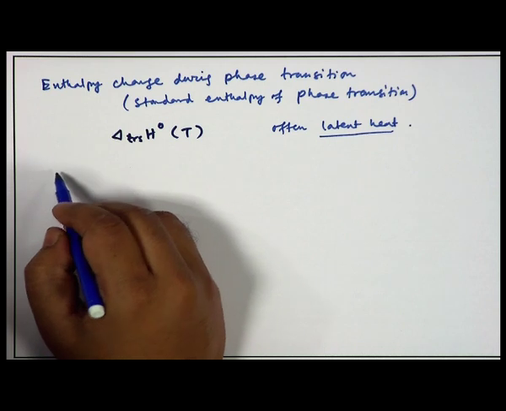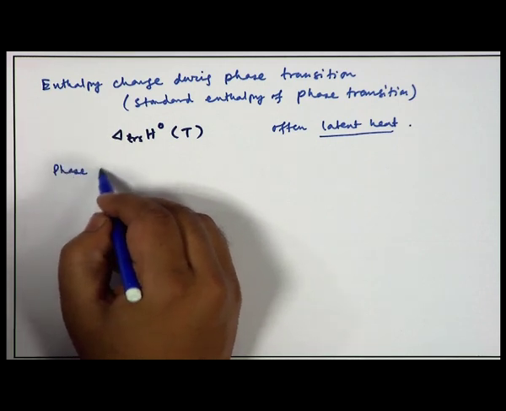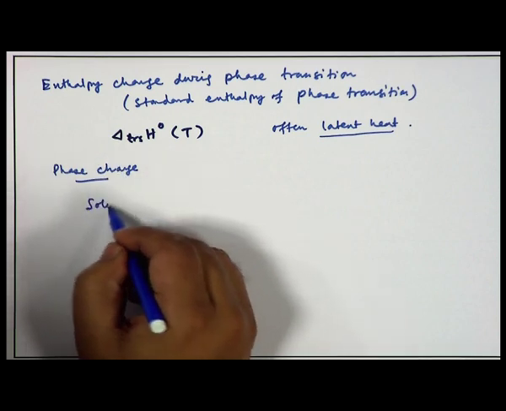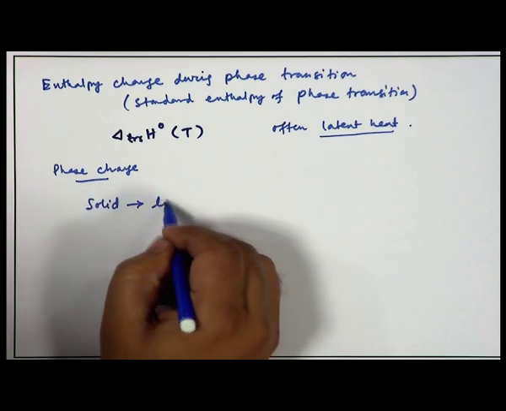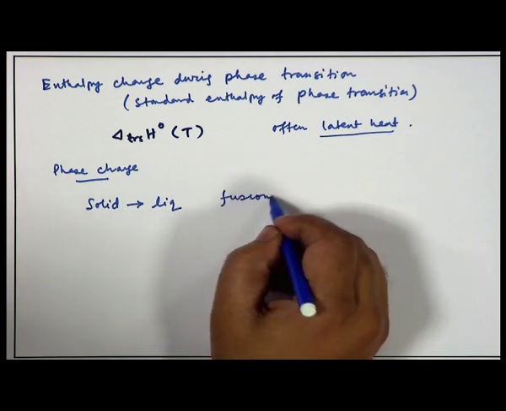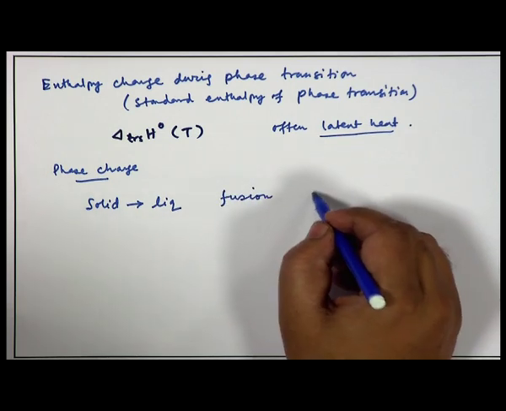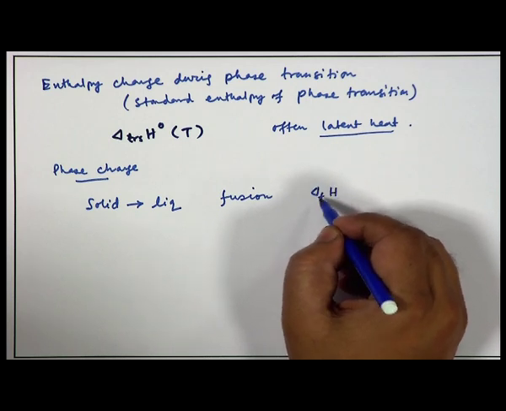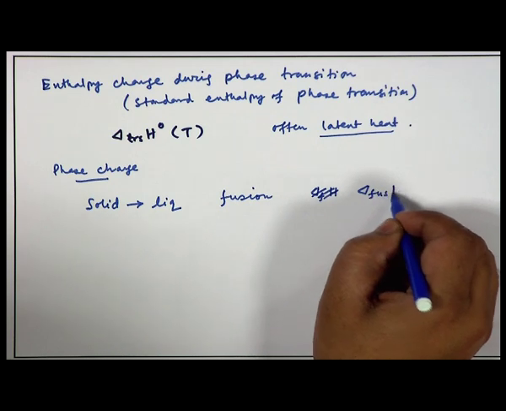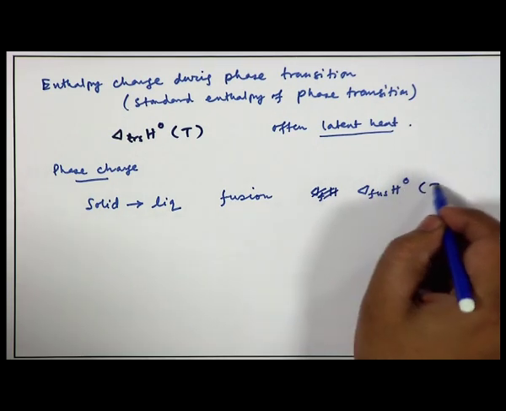Examples of phase change or phase transition: solid to liquid, the process is called fusion or melting, and the symbol we will write is delta H FUS, fusion, standard at a particular temperature, of course.